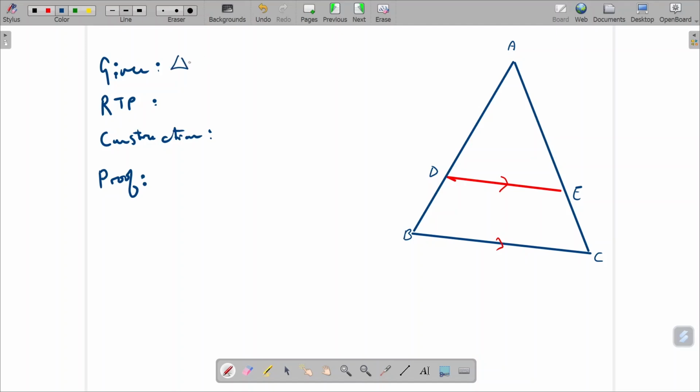So in this case, I'm going to literally write down what I was given. So I was given triangle ABC with D on AB and E on AC, such that DE was parallel to BC.